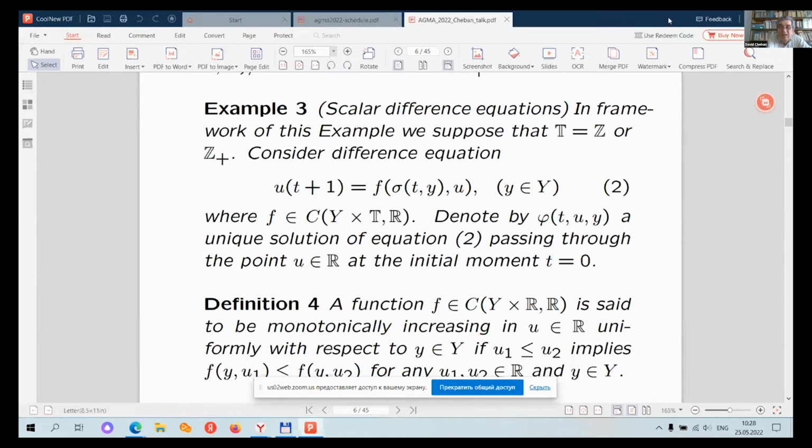We consider t belonging to the set of non-negative integers, or t is an arbitrary natural number.